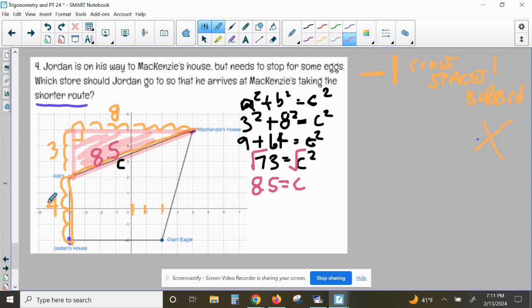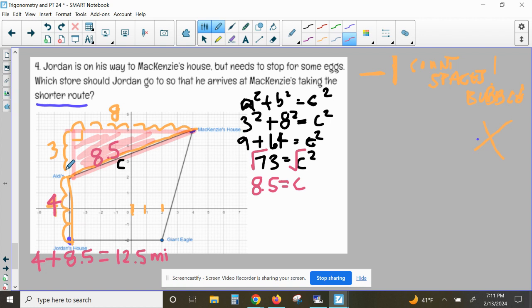That means in order to get eggs, Jordan to Aldi's is 4, so I'm going to go 4 plus 8.5. It's going to take me 12.5 miles or blocks or whatever this is. So that's the route going to Aldi's.